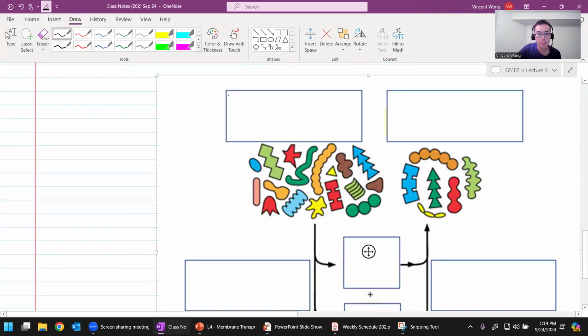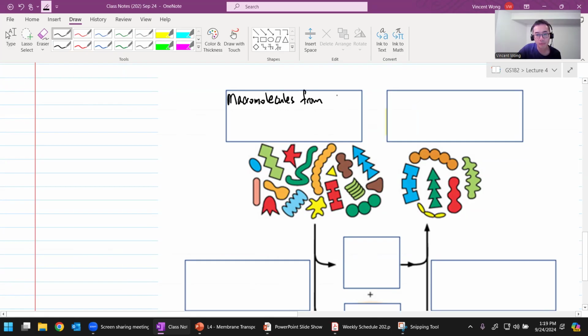These are macromolecules from food that we eat. And what kind of macromolecules do we eat? Give me some examples. Protein?